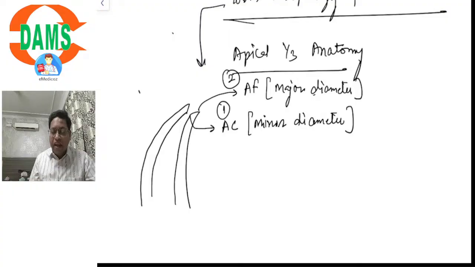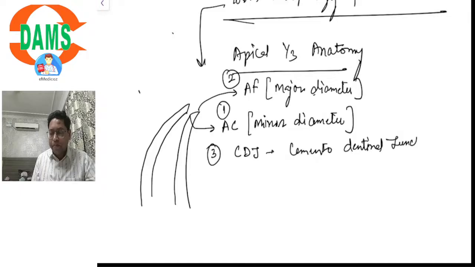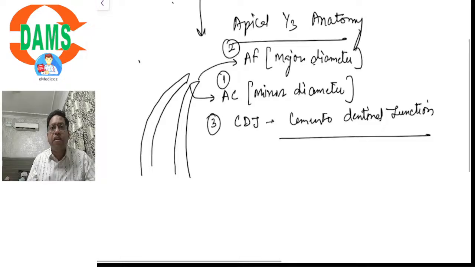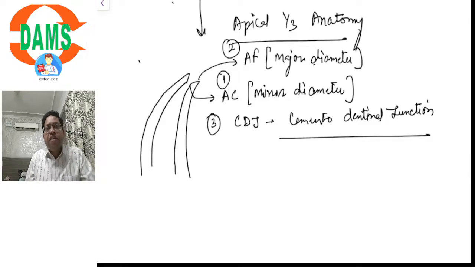And the third anatomic landmark is the CDJ, that is the cemento-dentinal junction. Basically speaking, this cemento-dentinal junction is a histological landmark. It is the apical termination of the pulp and the beginning of the PDL.